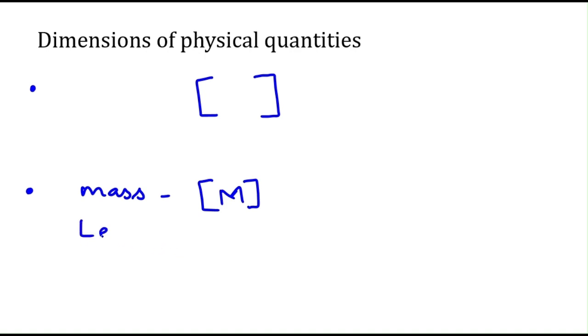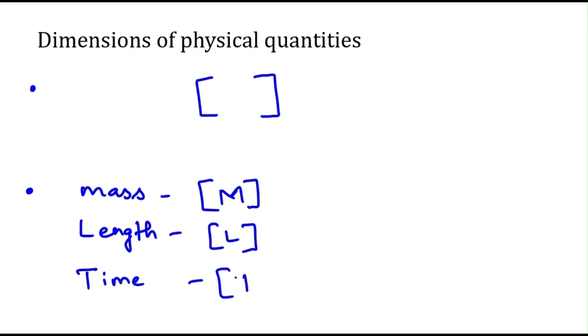Then we have length, which we represent with capital L, and then another basic physical quantity, time, which we represent with capital T enclosed with square bracket. So these three out of seven, there are four more.